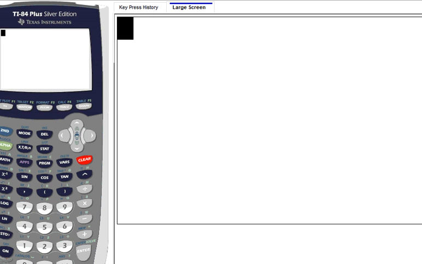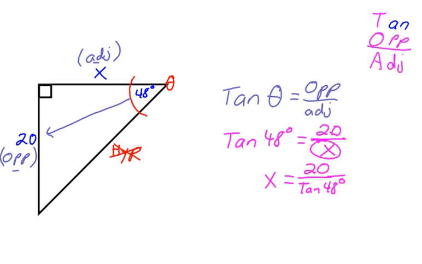What we're going to do on the calculator is type this in just like it's written.